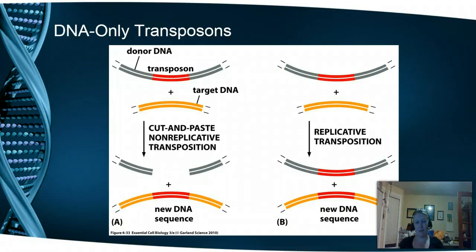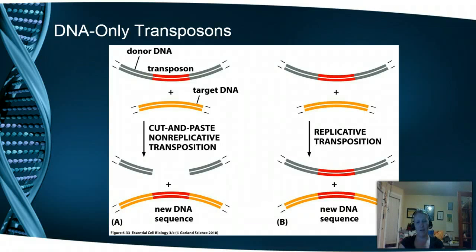Whereas replicative transposition is where the gene will copy itself and then insert it. So both the old and the new DNA now have that sequence of DNA. Now this is important because not only is it a problem where we've lost this jumping gene, but it's where this jumping gene inserts itself.